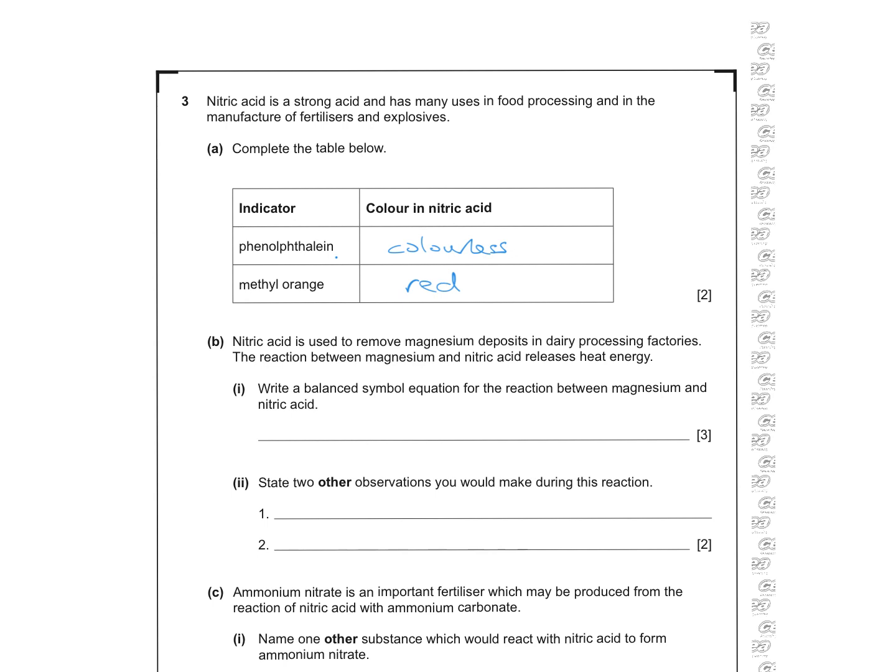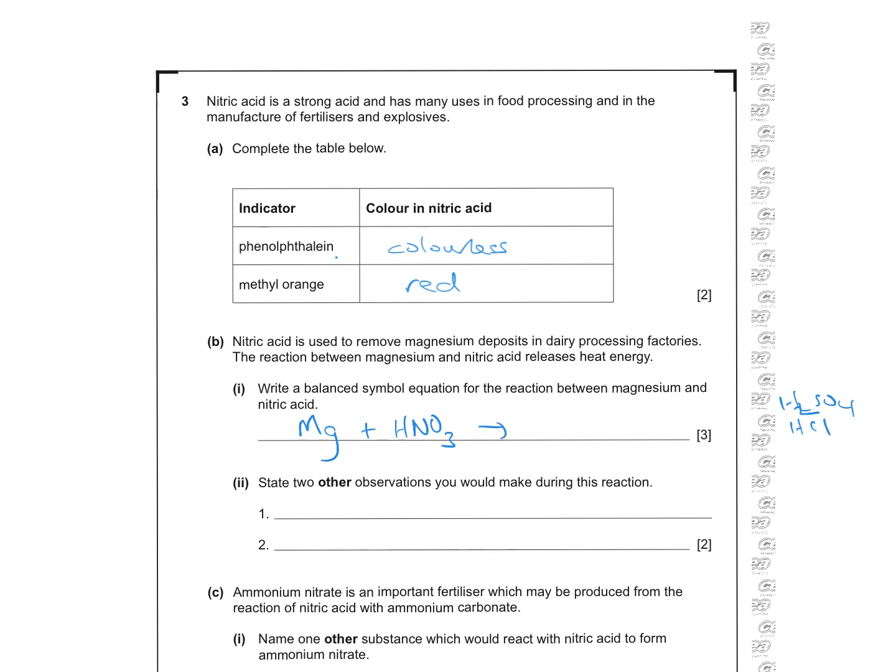Balance summary equation for the reaction between magnesium and nitric acid. Well, magnesium is Mg, nitric acid is HNO3. You need to remember the formula of the acids: nitric acid, sulfuric acid, which is H2SO4, and hydrochloric, which is HCl.